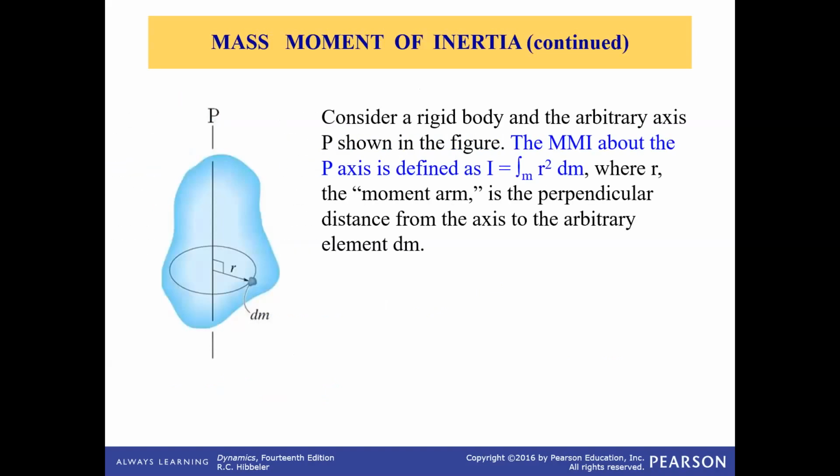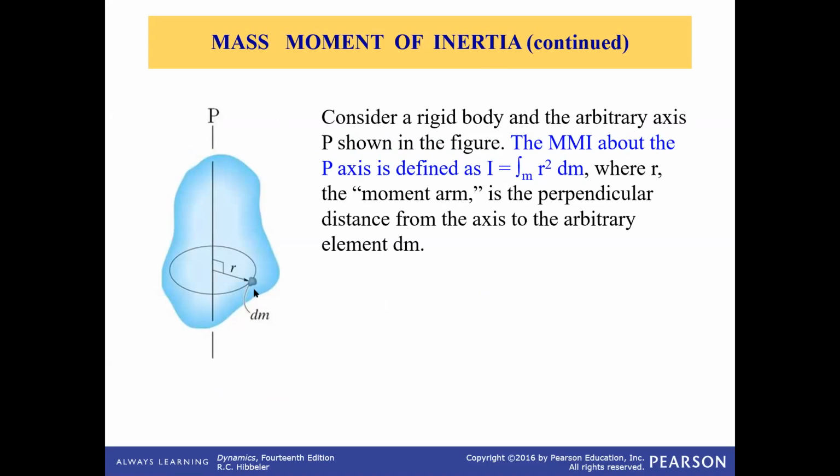Now, to calculate the mass moment of inertia, you will use this equation here: I equals the integration of r squared times dm. That is the differential element of the mass, and then you are doing r squared to it.